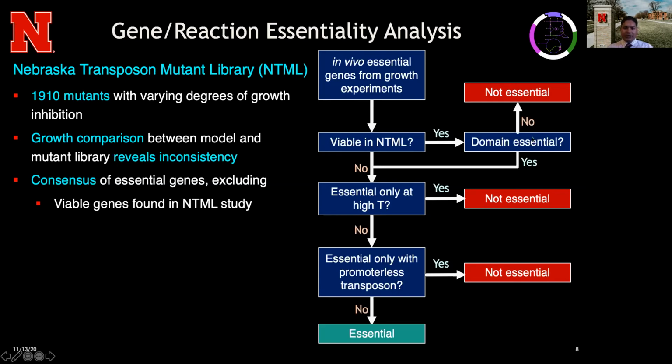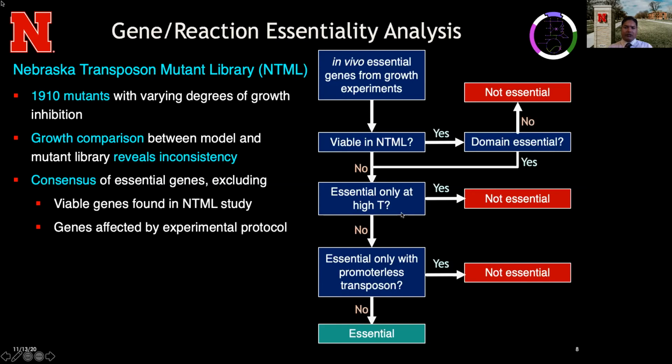This is because the transposon may have inserted into a non-essential part of the gene, allowing a partially functional protein to be formed. Second, if the gene was found to be essential only at high temperature, then it is evident that the gene was incorrectly found to be essential in literature because of a high temperature plasmid curing step in the process.